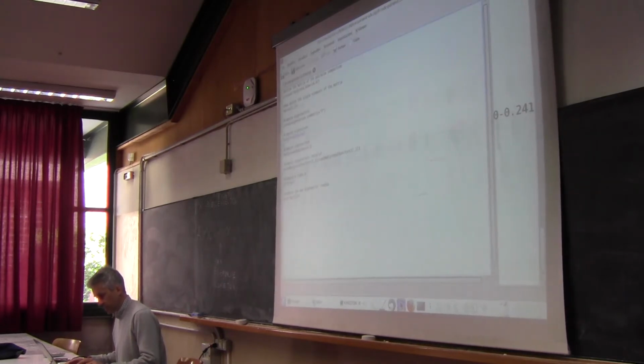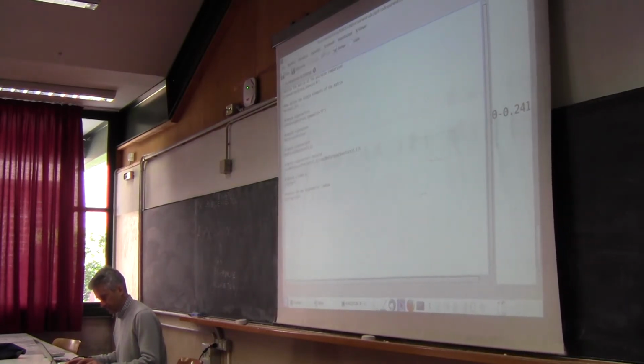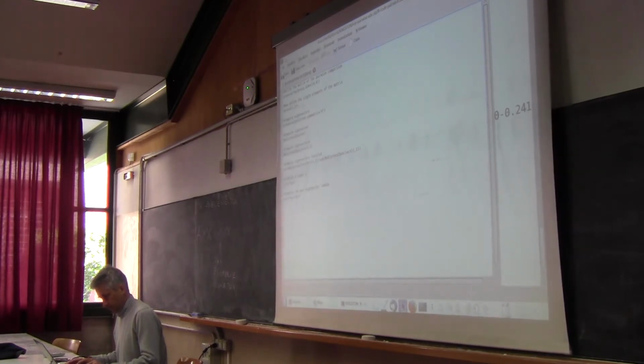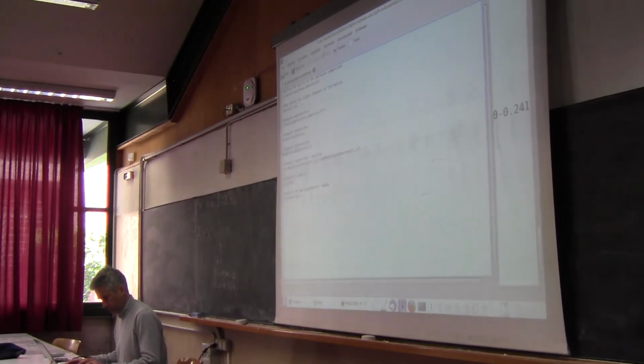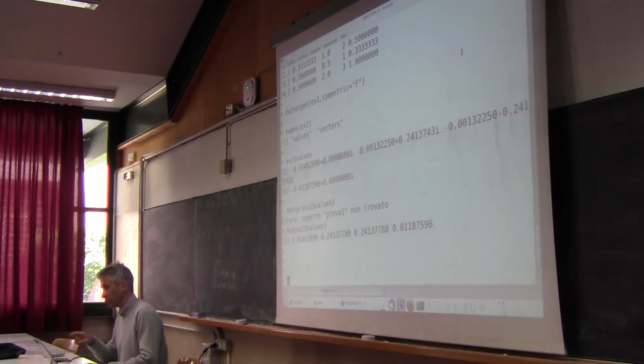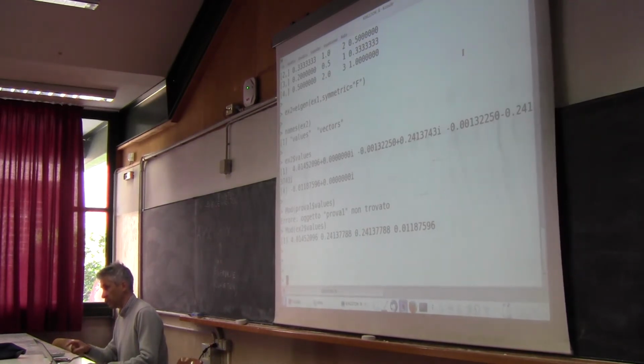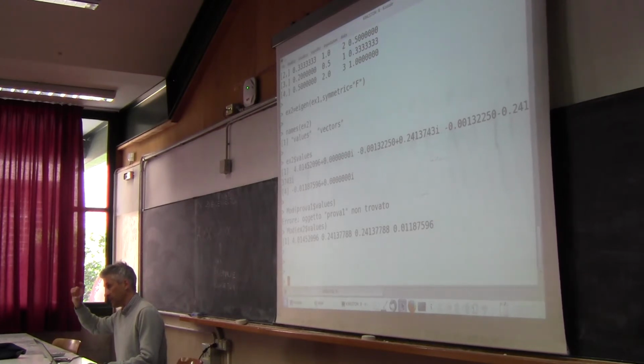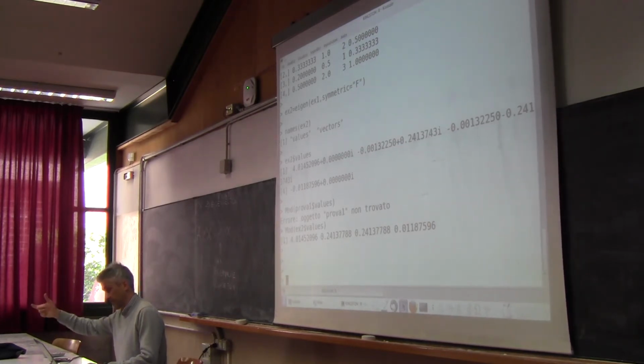So let's look at the next one. Sorry, we don't need to rescale these numbers. We need to rescale the elements of the eigenvector that we are computing next.